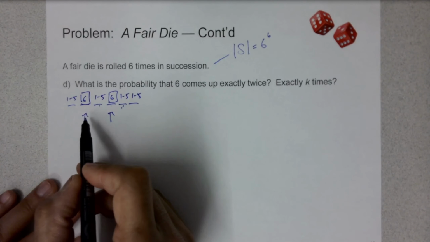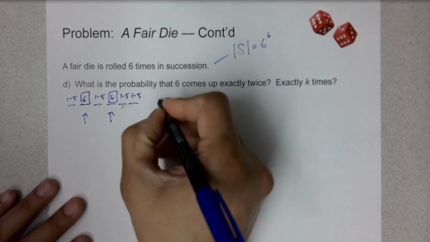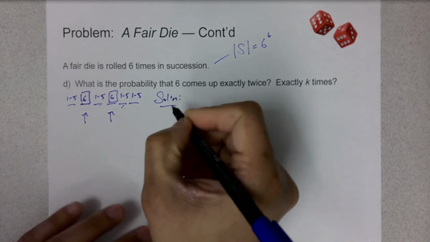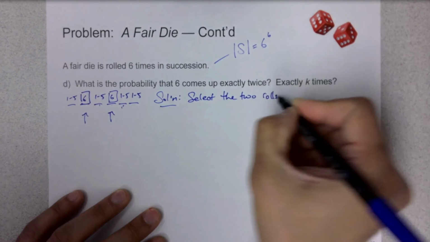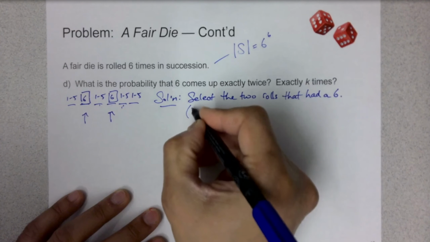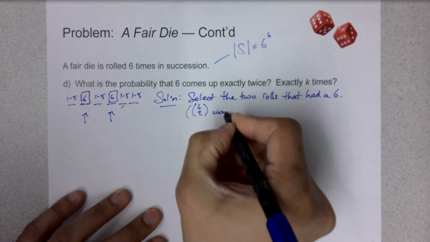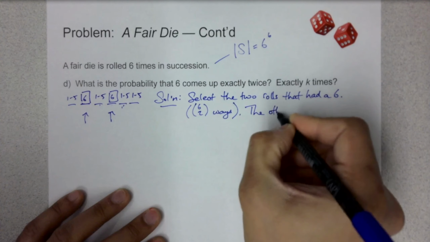It's a 2-step process with the rule of product. First, we select the places where the 6s go, using a choose: 6 choose 2 places. And the other places have 5 choices.